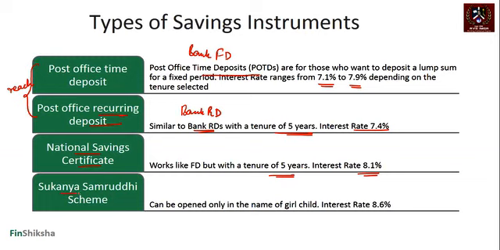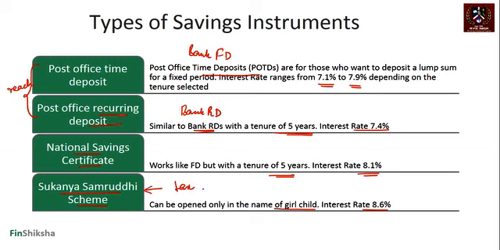Recently, the government has also launched what is called the Sukanya Samriddhi scheme. If you have a daughter, it can be opened in the name of that girl child. Interest rate is 8.6%. You can put in money, and when the girl child turns 21, the money is given to the girl child essentially, right? So that's the idea of the Sukanya Samriddhi scheme.